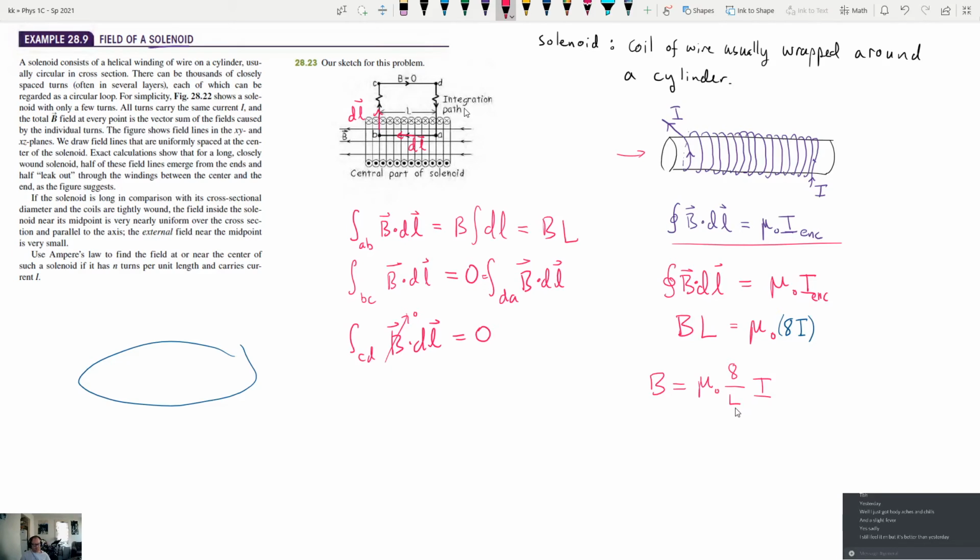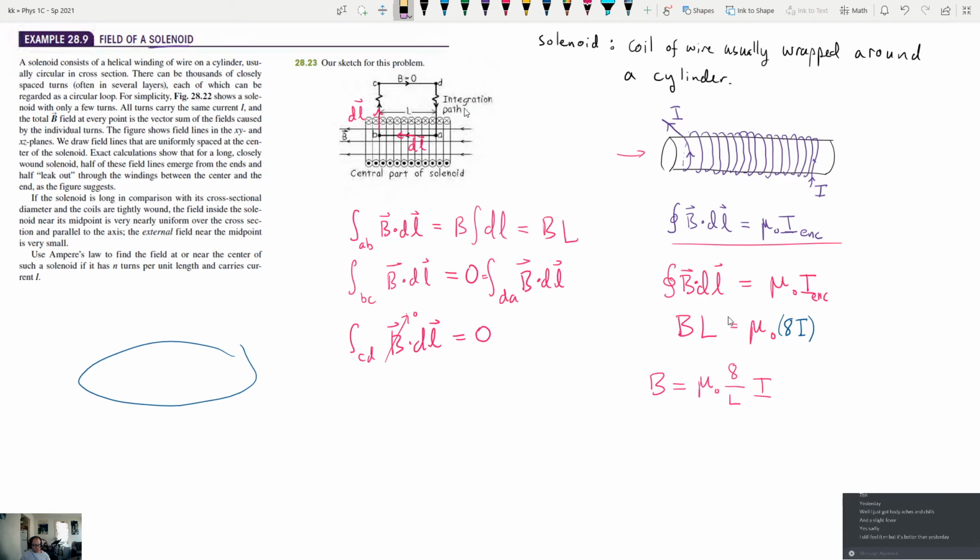Would we get a different answer? Well, no, because L depends on the number of turns, right? Had we doubled L, if we go to 2L, how many turns would we have enclosed? 16. 16, so 2 times 8, right? So that number of 8 over L must actually be some kind of a constant, right?